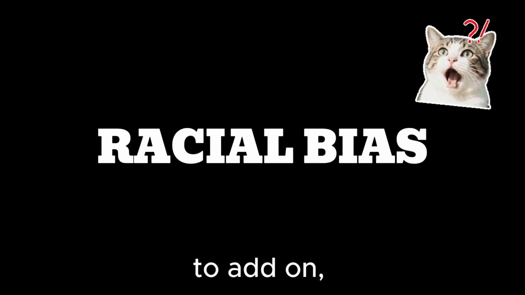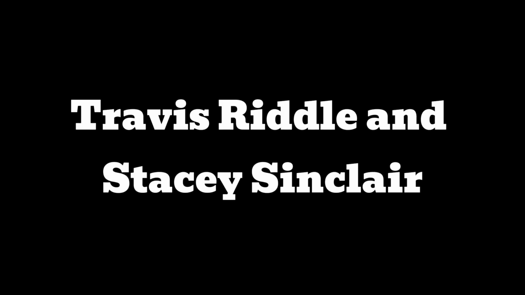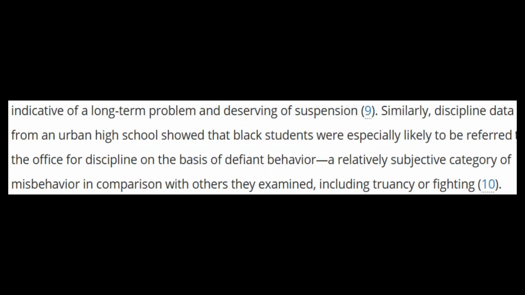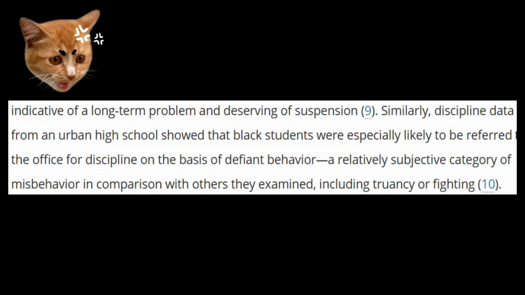To add on, Travis Riddle and Stacey Sinclair also say, similarly, discipline data from an urban high school showed that Black students were especially likely to be referred to the office for discipline on the basis of defiant behavior, a relatively subjective category of misbehavior in comparison with others they examined, including truancy or fighting.